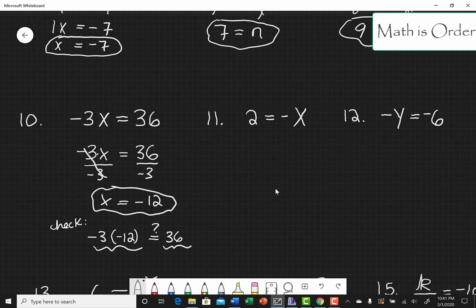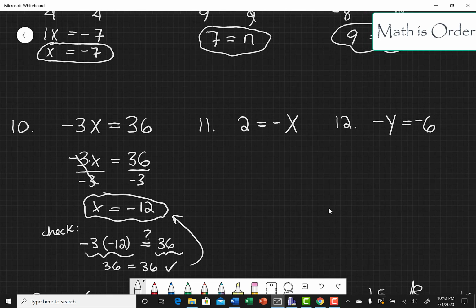Well, when you substitute negative 12 in there for x, we're going to have 36 equal to 36. So this works. So this lets us know that x is really negative 12.